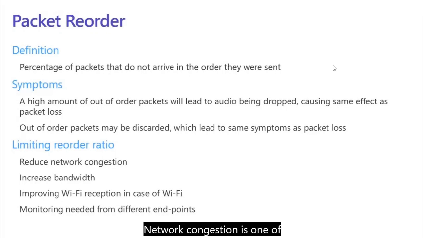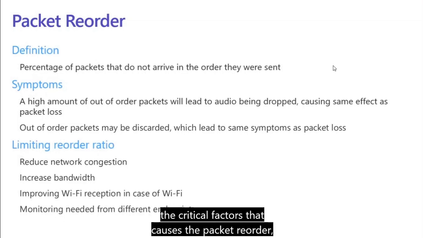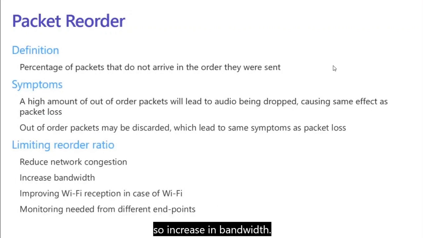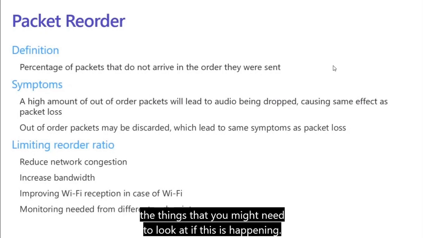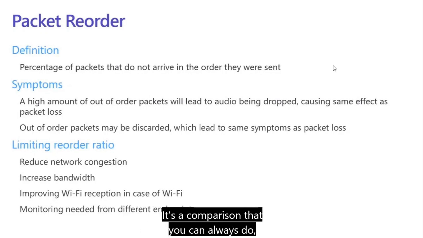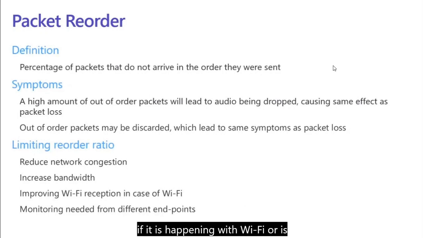Network congestion is one of the critical factors that causes packet reorder. So increase the bandwidth. Again, Wi-Fi is one of the things that you might need to look at. If this is happening, it's a comparison that you can always do: is it happening with Wi-Fi, or is it all fine with the LAN networks?